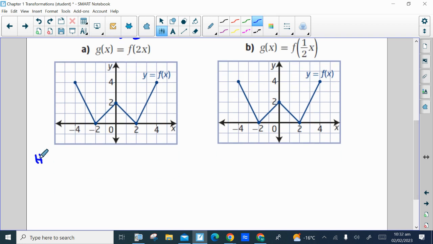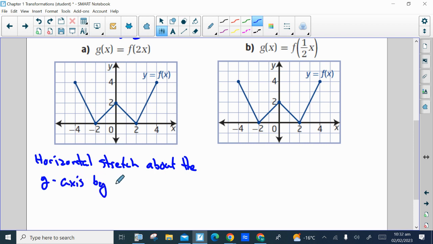We're going to have a horizontal stretch about the y-axis by a factor of a half.